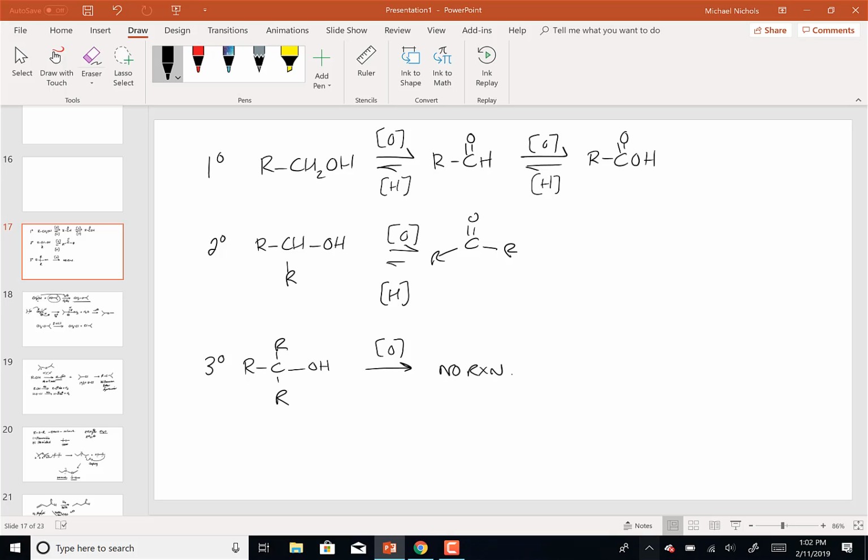And so I want to talk first about the oxidation, then I want to go back and talk a little bit about the reduction. Some of these were in the video, some of them were in the notes. We didn't really talk about them in class, so I want to make sure we go back through those. Right.